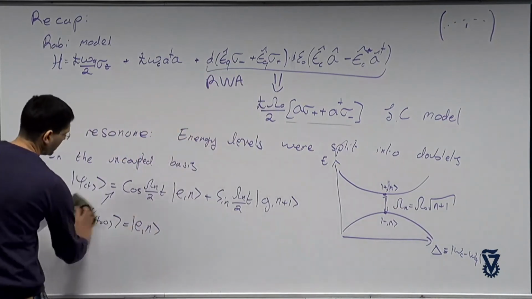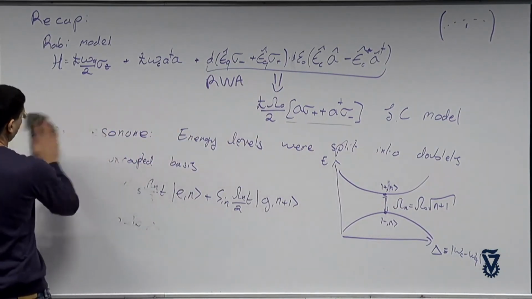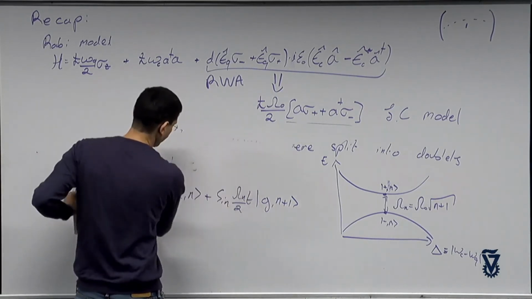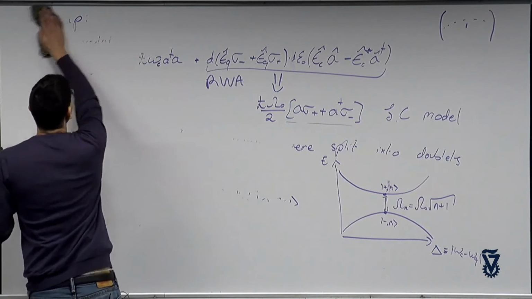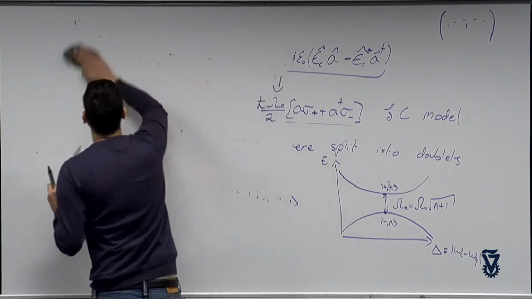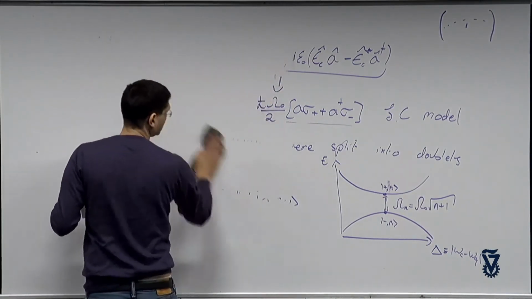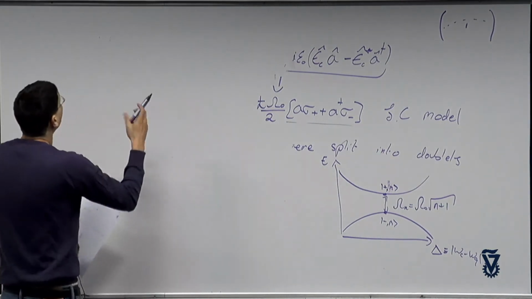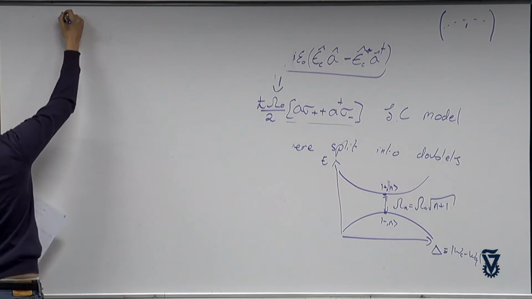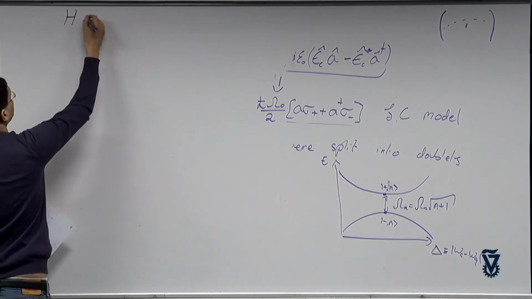And what I'm going to do now is the energy spectrum for our dispersive Hamiltonian. I'll just rewrite it over here.